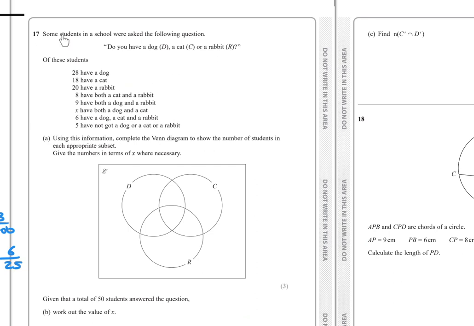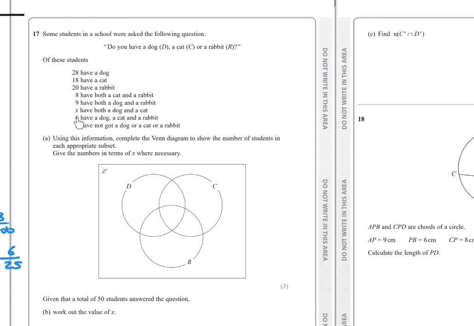17. Some students in a school were asked the following question: do you have a dog, a cat, or a rabbit? Of these students, 28 have a dog, 18 have a cat, 20 have a rabbit, 8 have both cat and rabbit, 9 have both dog and rabbit, x have both dog and cat, 6 have a dog, a cat, and a rabbit.